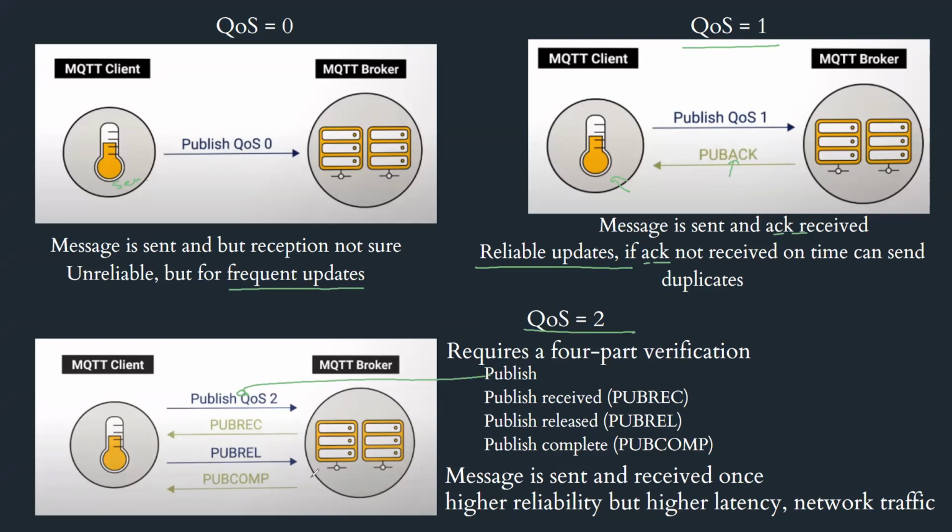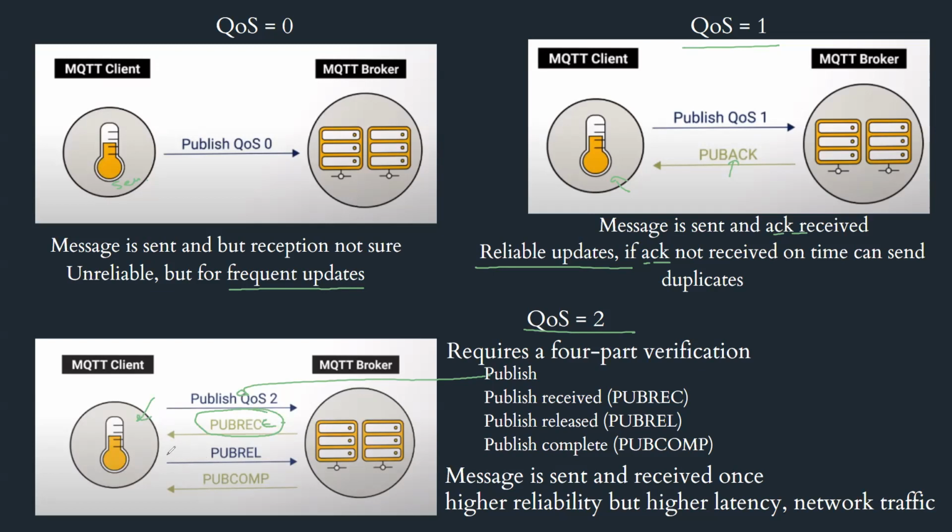That means the data transaction has been completed fully. So that is how QoS 2 is done, where the data is sent by the sensor, and the MQTT broker acknowledges that data using this acknowledgement message, pubrec.